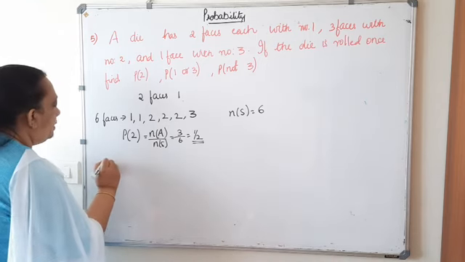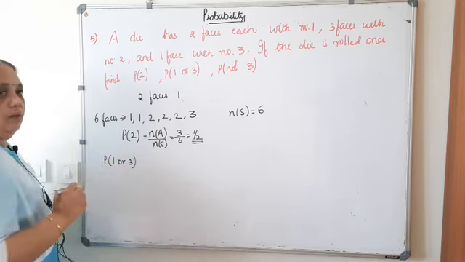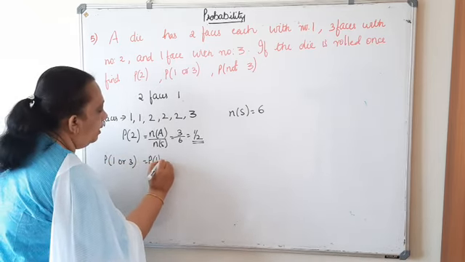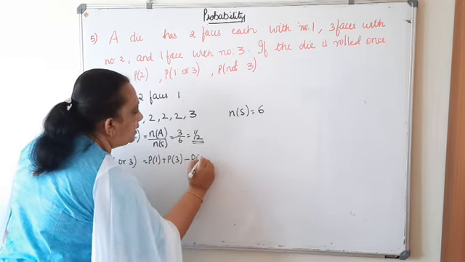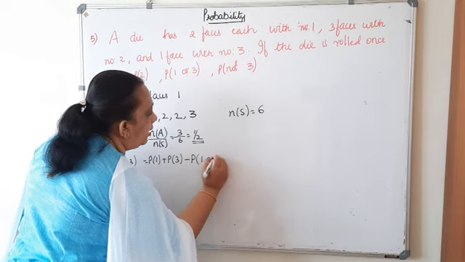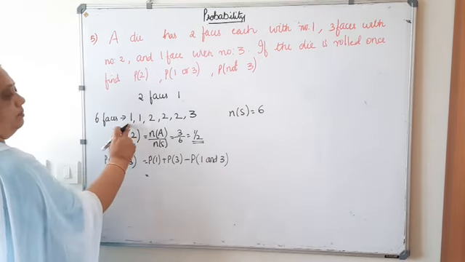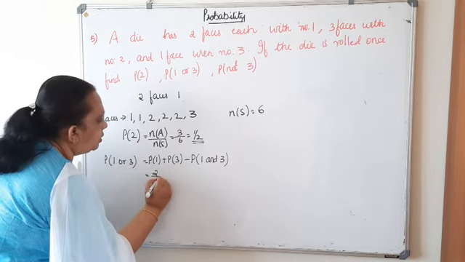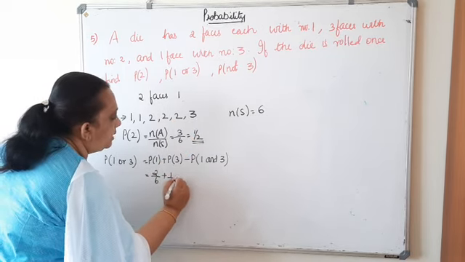What is the probability of getting 1 or 3? That is equal to probability of getting a 1 plus probability of getting a 3 minus probability of getting 1 and 3. Probability of getting a 1: 2 faces are marked with number 1, so the probability is 2 by 6. Probability of getting a 3, 1 by 6, minus.